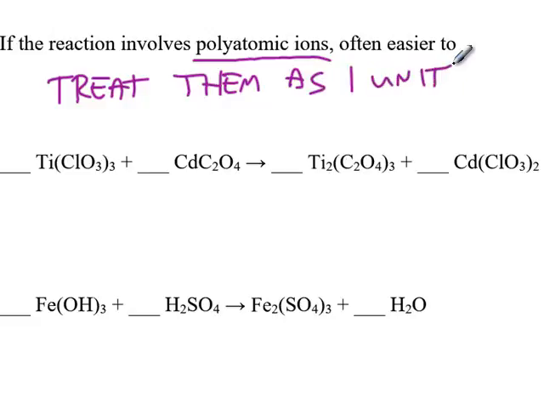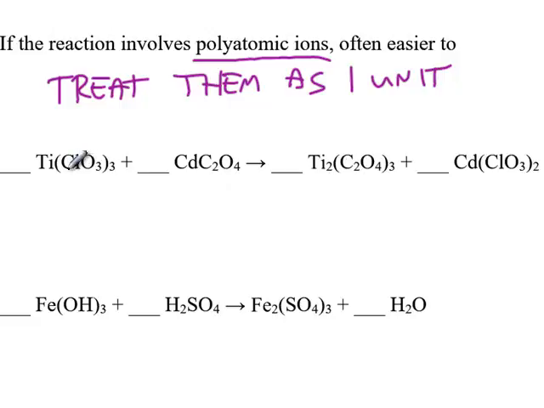In other words, polyatomics obviously have more than one element, and in the previous examples we've been balancing each element individually. For a problem like this next one, when I see a polyatomic like this chlorate anion and this oxalate anion, C2O4, I'm going to balance those.